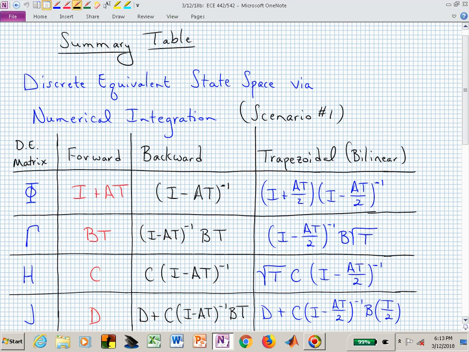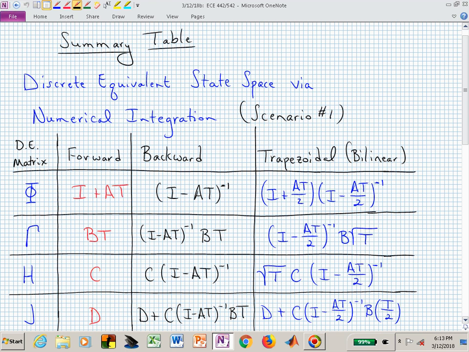Here's a table summarizing that. I didn't tell you to take your helmet off, but now I have it in columns. The leftmost column is the phi, the gamma, the H, and the J. So now if I tell you backward, whoops, you'll read down the middle column.